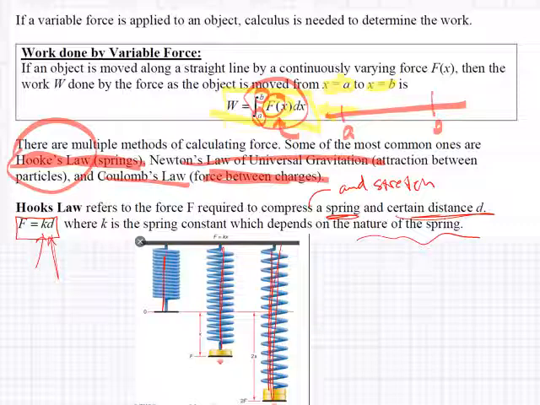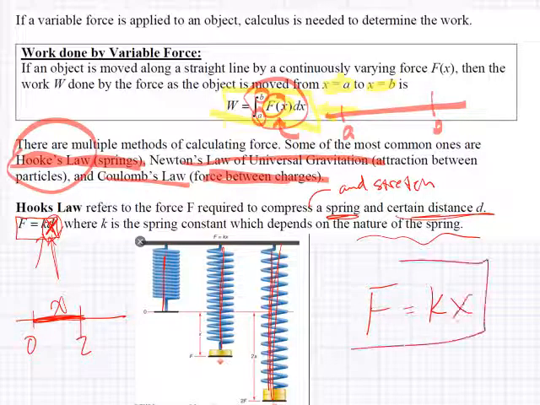A lot of times we'll use x for D because x would be the distance we're going to travel, and we're going to say it's along the x-axis. So if we're going from 0 to 2, that's the distance over this x-axis. So we could say Hooke's law is F equals K times X. Okay?